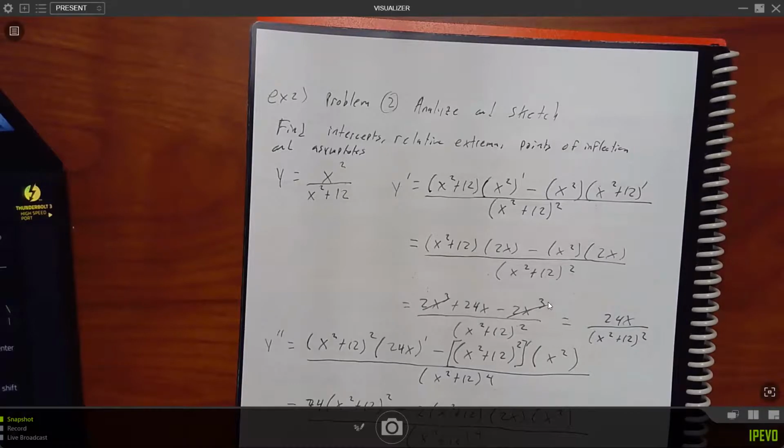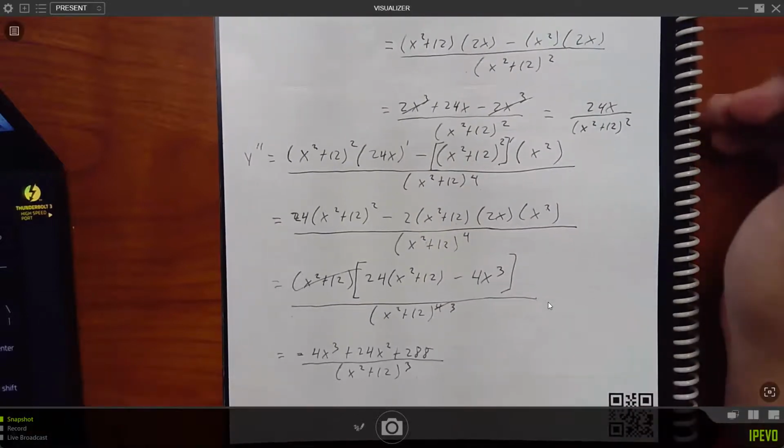Let me see. I feel like something's wrong with the second derivative. Derivatives are so complicated.